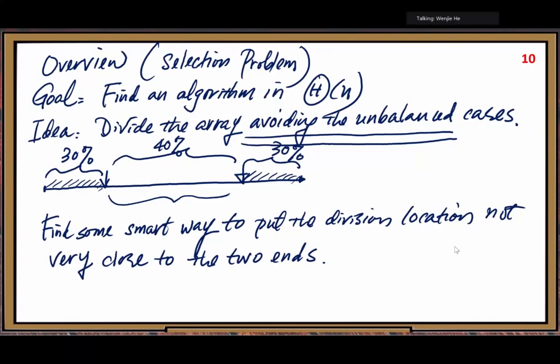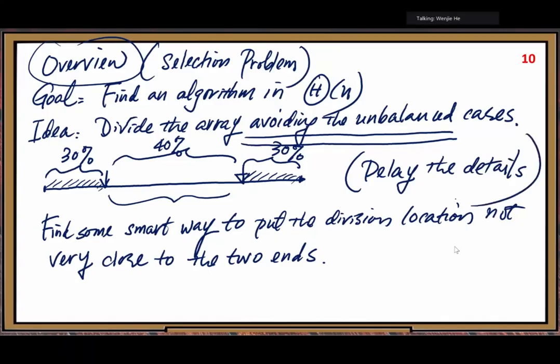But today I will not get to that part because it may take too much time. Today we just do the overview. So we delay the details until later sometime. Okay?